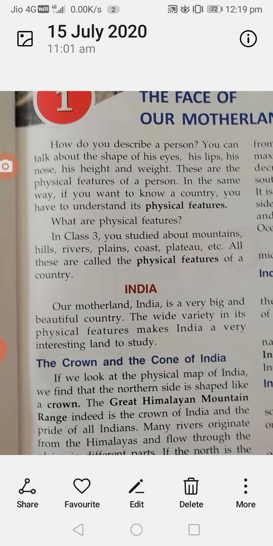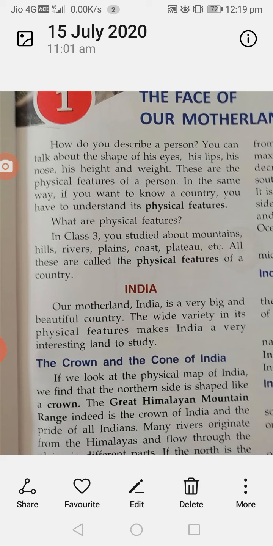In the same way, if you want to know a country, you have to understand its physical features. What are physical features? In class 3, you studied about mountains, hills, rivers, plains, coast, plateau, etc. All these are called the physical features of a country.